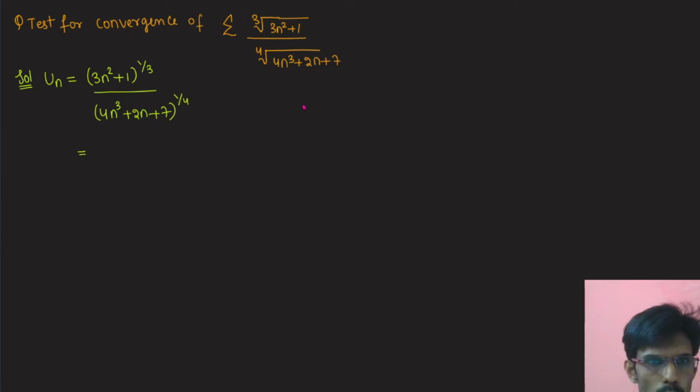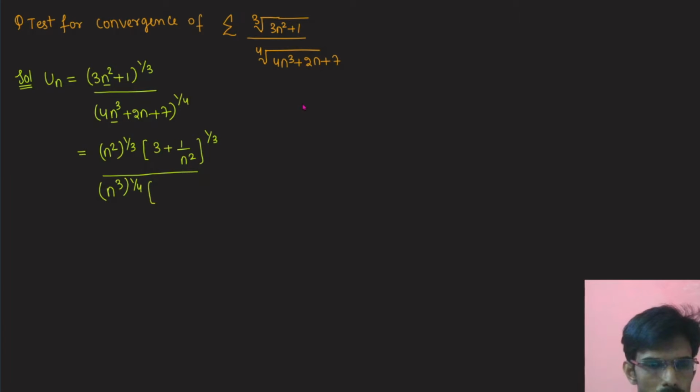Now take this n square common. Here we have 1 by 3, so this n square will come out of this bracket with this power 1 by 3. So in the bracket we are left with 3 plus 1 by n square whole power of 1 by 3, upon, take this n cube common, the highest power, n cube will come out of this term with this power 1 by 4.